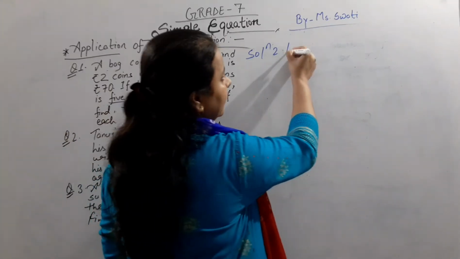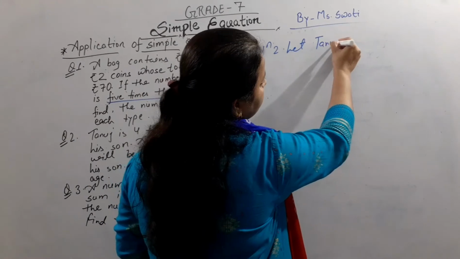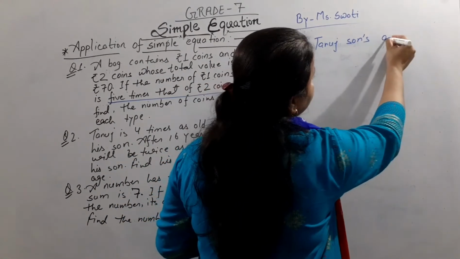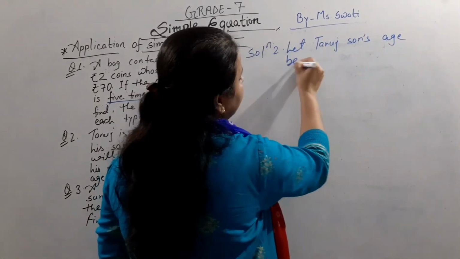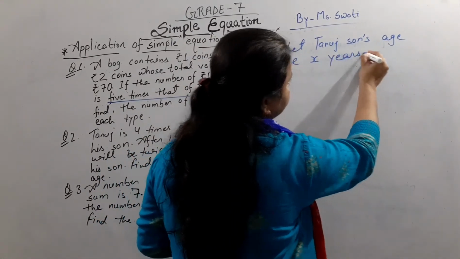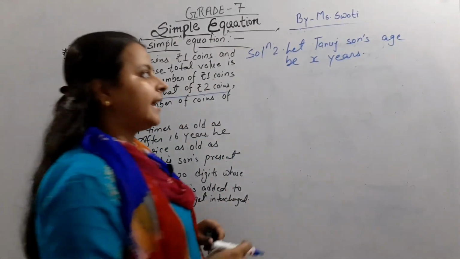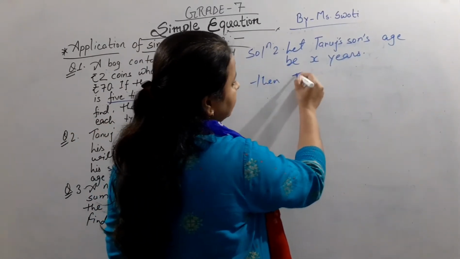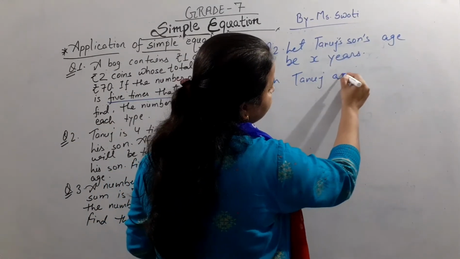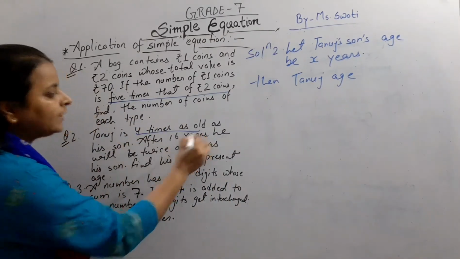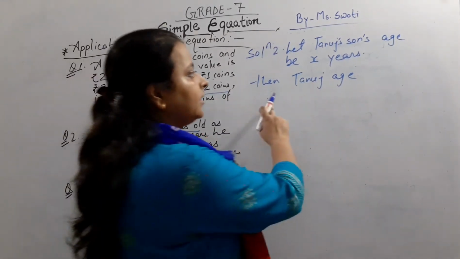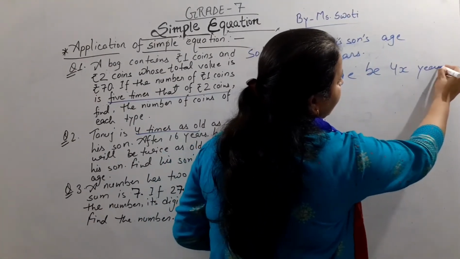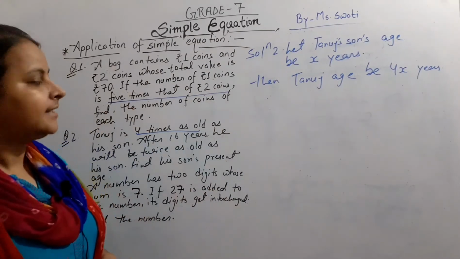Tanuj is 4 times as old as his son. So first we do, let Tanuj's son's age be x years. Then Tanuj's age, since he is 4 times as old as his son, will be 4x years.